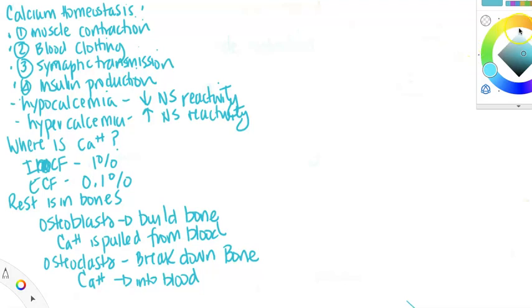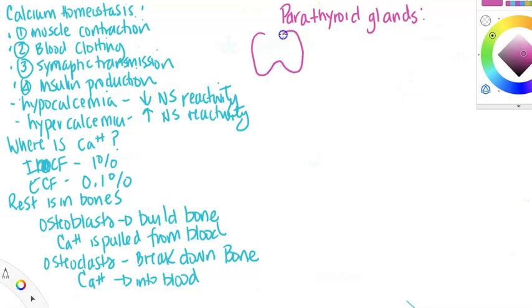So how do we regulate that? Who watches out for that? Well, we have these little glands called parathyroid glands. Parathyroid glands are located on the back of the thyroid gland.